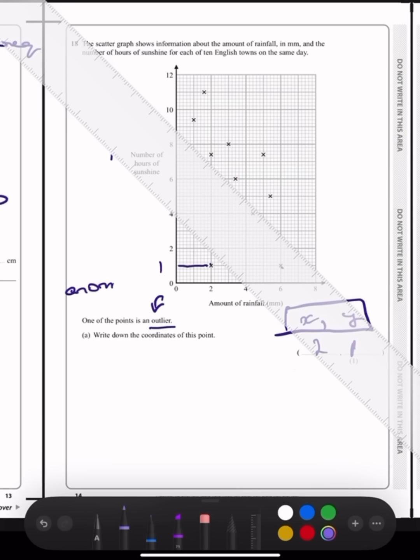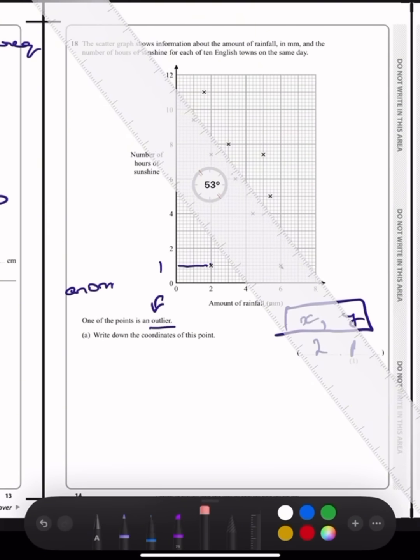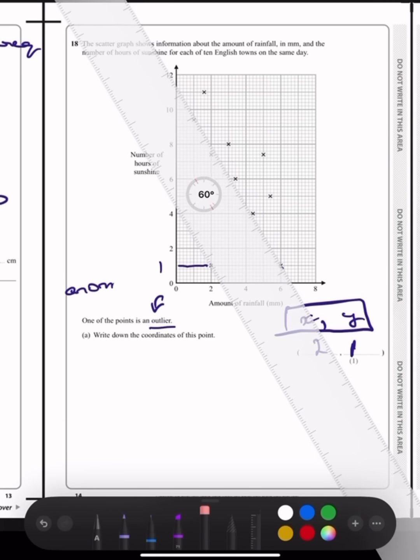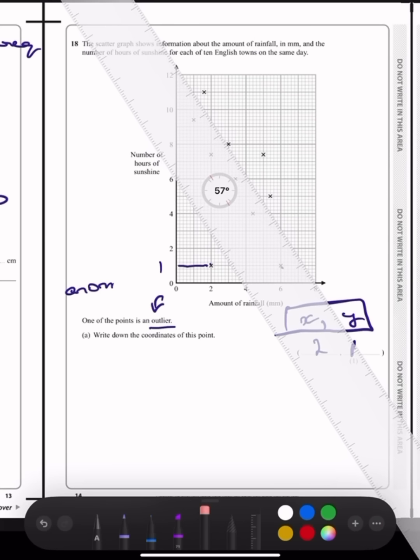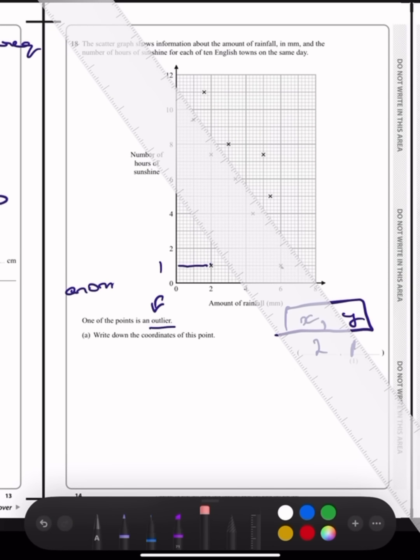Tilting an angle. Wait, what about my pen? I don't know why it's not tilting. Okay, so we can draw a line from here to here, just to show a little bit of a correlation of what is really happening.